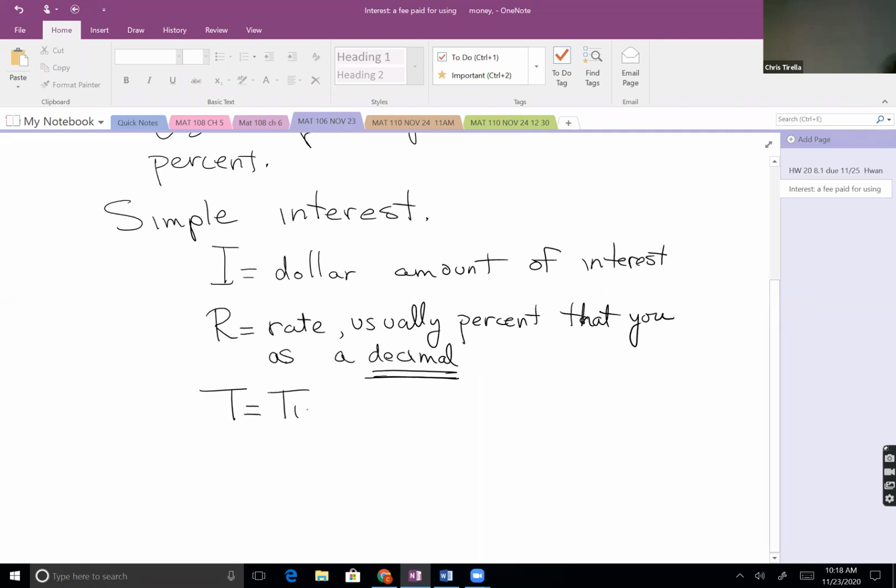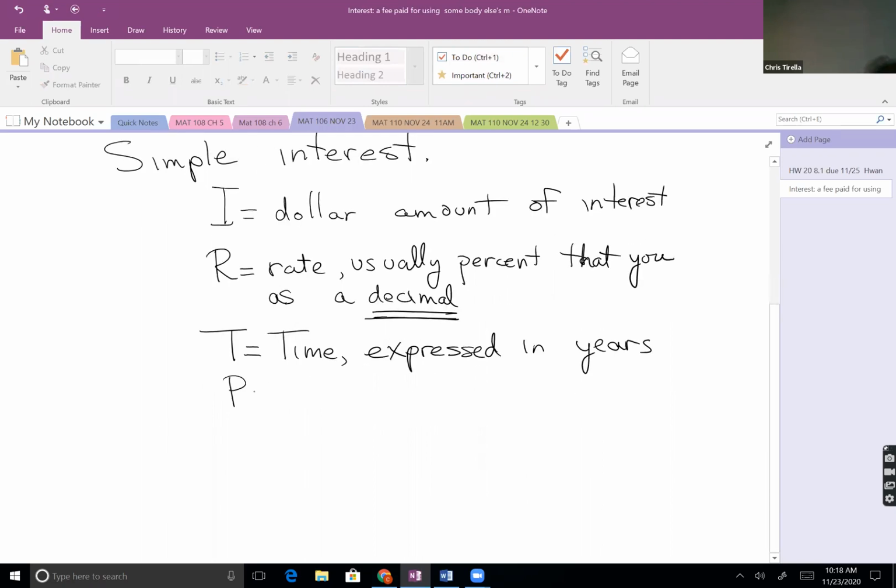T stands for time, not times. I apologize. I've been reading the newspaper too much. And that's usually expressed in years. And P is the principal, which is the starting value.